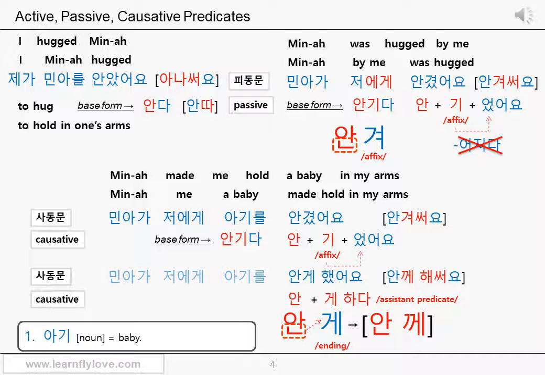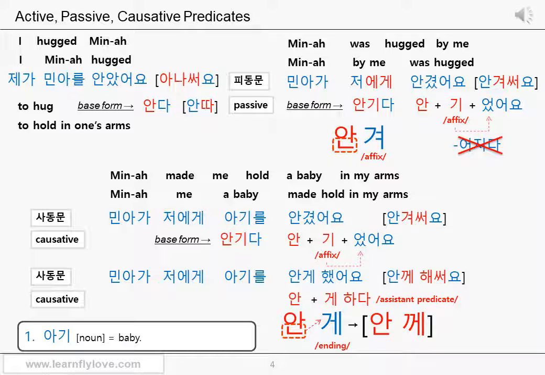Okay? So, 안게 했어요 is actually pronounced 안께 했어요. And it means someone made you hold something in your arms. Someone made you cuddle something.